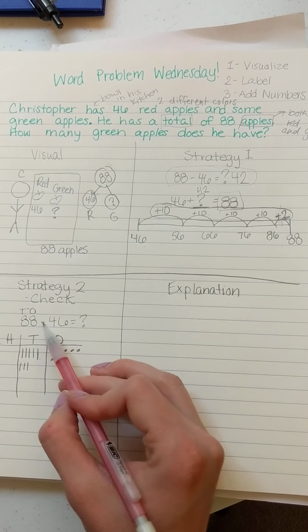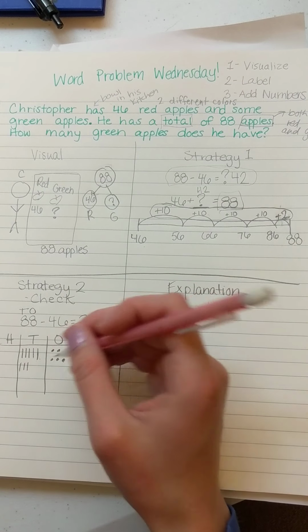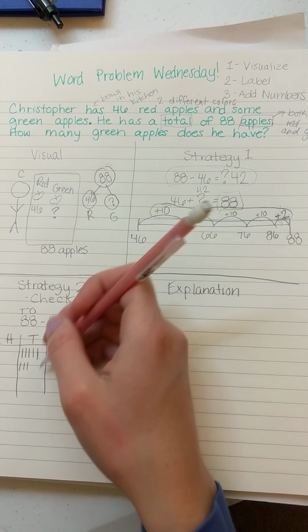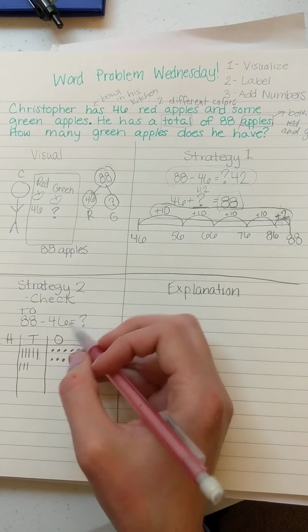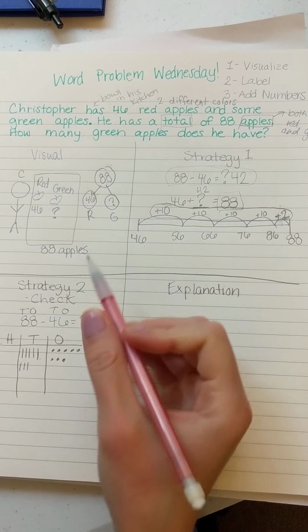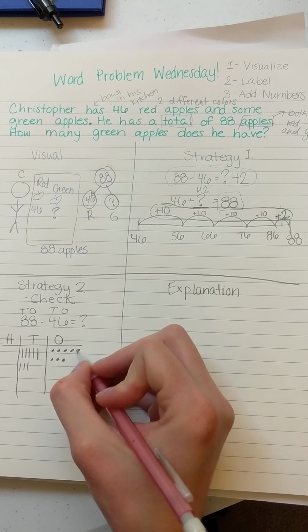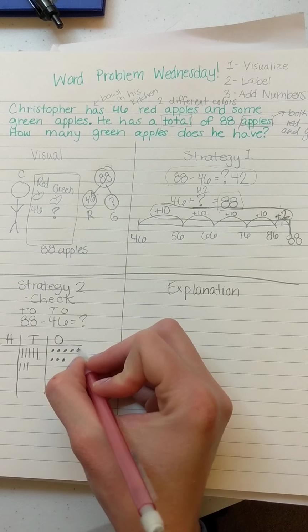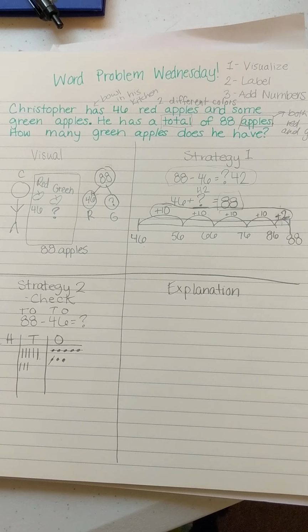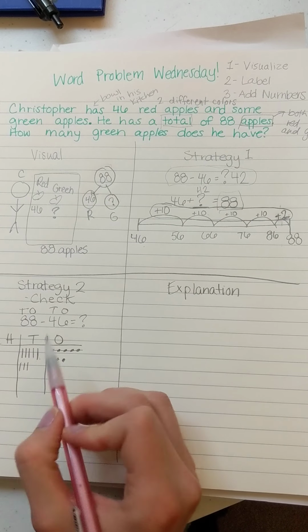Now I know I need to take away 46. That means I can cross them out in my chart, and I always start in my ones place when I'm trying to subtract or add in my chart. So I know in this number there are 4 tens and 6 ones. Let's cross out 6 ones. 1, 2, 3, 4, 5, 6.